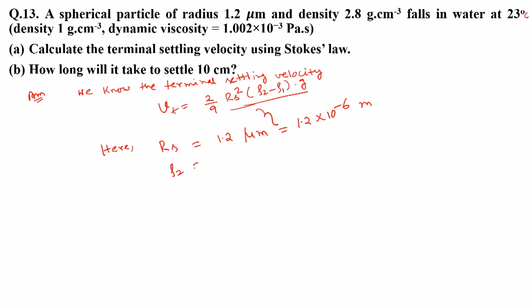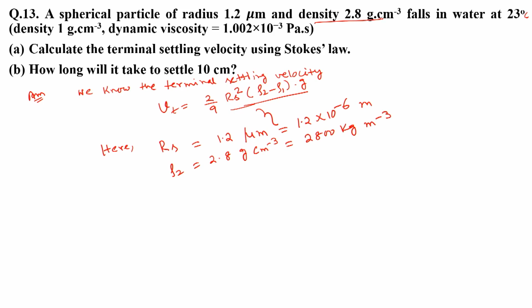Rho 2 is 2.8 gram centimeter to the minus 3. So we can convert it into SI unit again, 2800 kg meter raised to the minus 3.